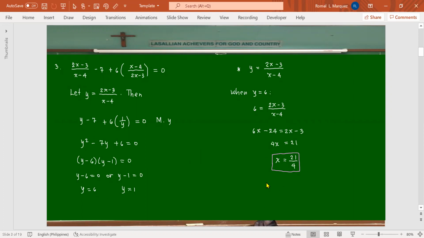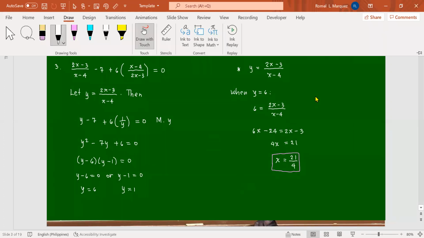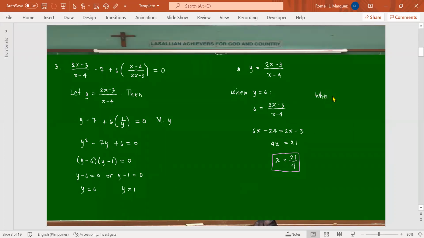So what about when y is positive 1? When y is positive 1, we now have 1 is equal to 2x minus 3 all over x minus 4. So, cross multiply again, x minus 4 is equal to 2x minus 3.